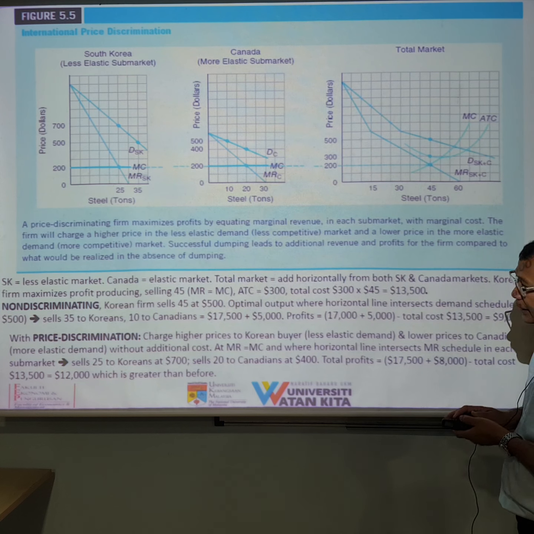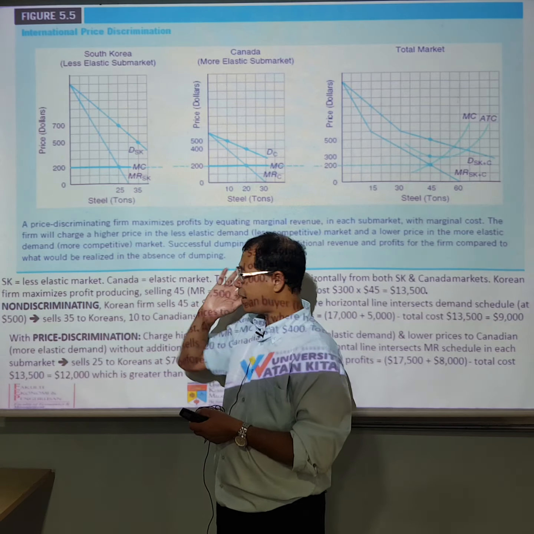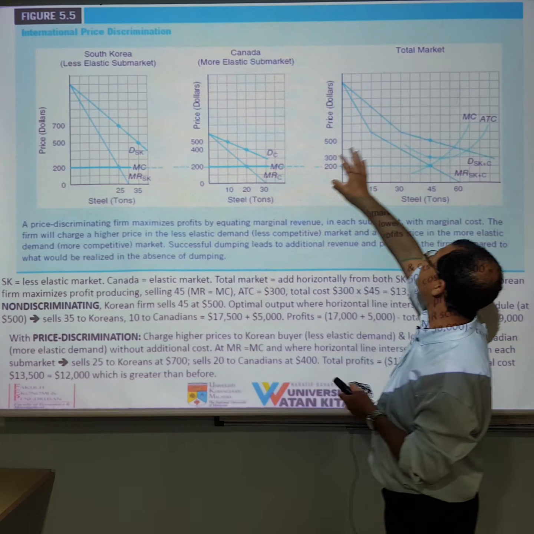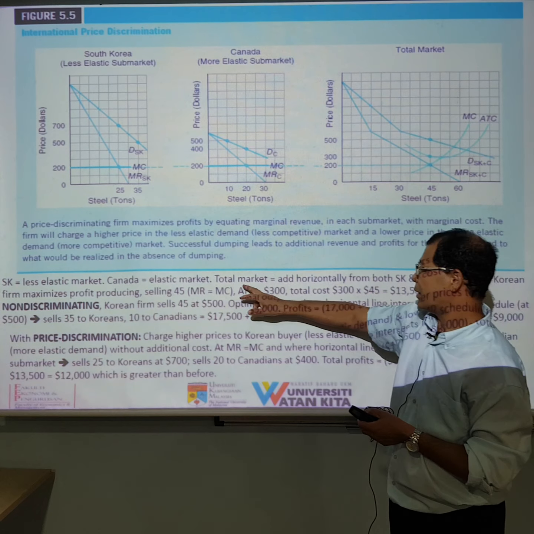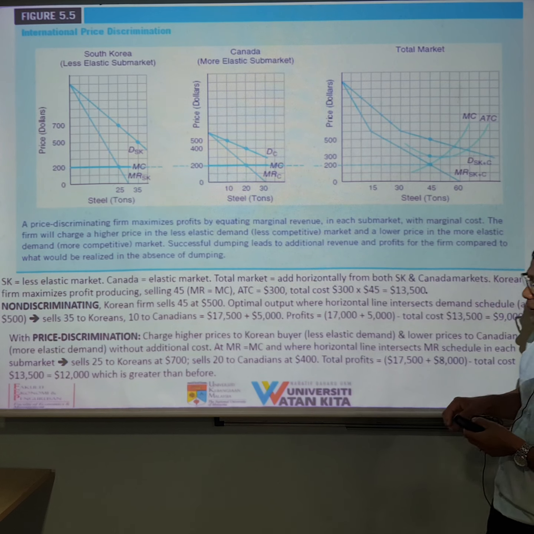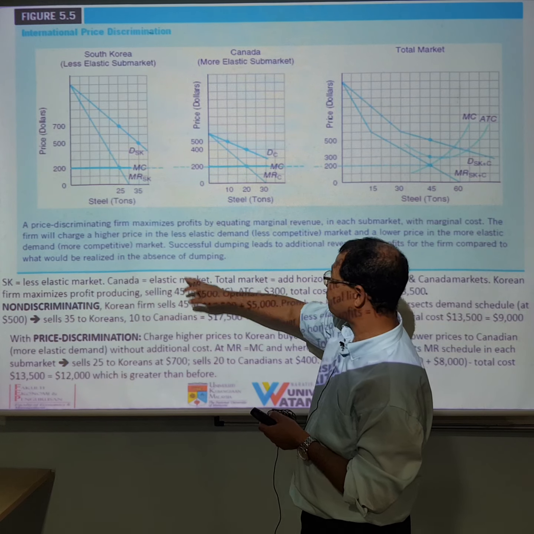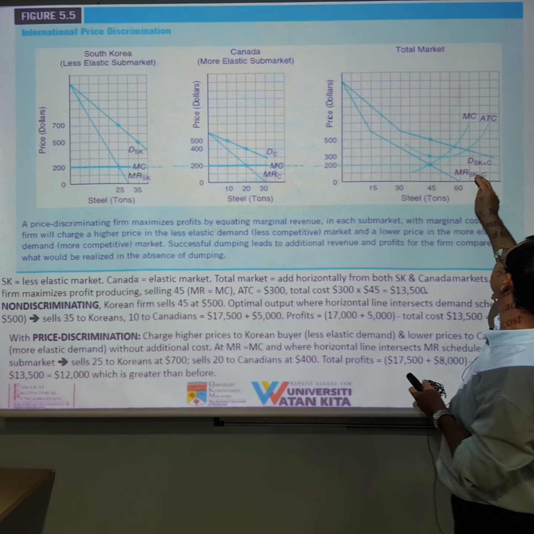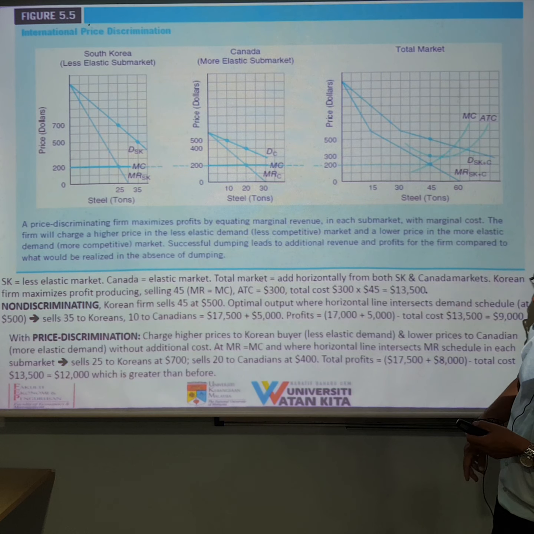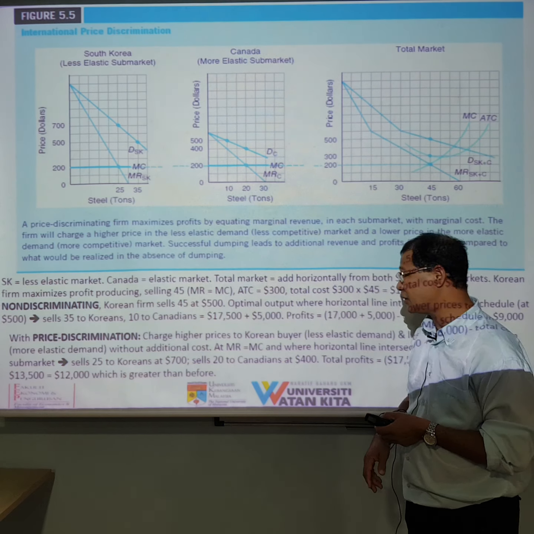So let's look at this here. South Korea is a less elastic market, and Canada is a more elastic market. This is the submarket of South Korea, and this is the submarket of Canada. This is the total market, added horizontally from both the South Korean and Canadian markets. The Korean firm maximizes profit by selling 45 units, in line with the principle of marginal revenue equals marginal cost.